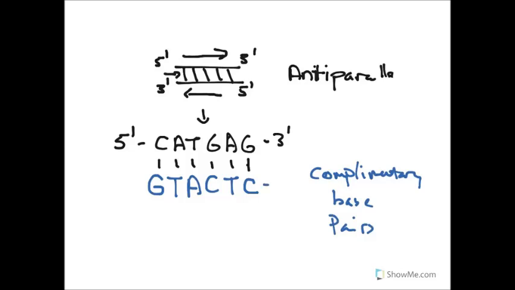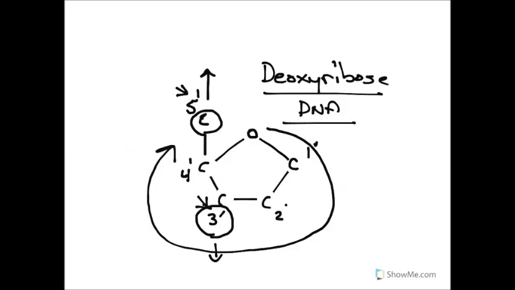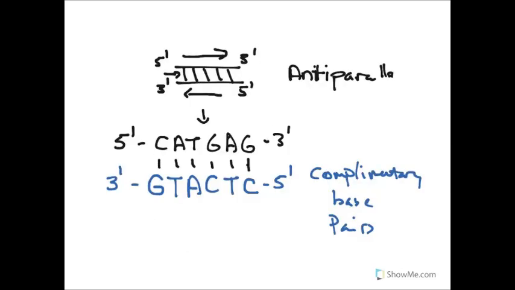But because this strand is complementary, the 3' end must be there and the 5' end must be there. Remember, we're numbering this based on the carbons clockwise from the oxygen back up towards the carbon here. So we're starting here and moving in that direction to number it.